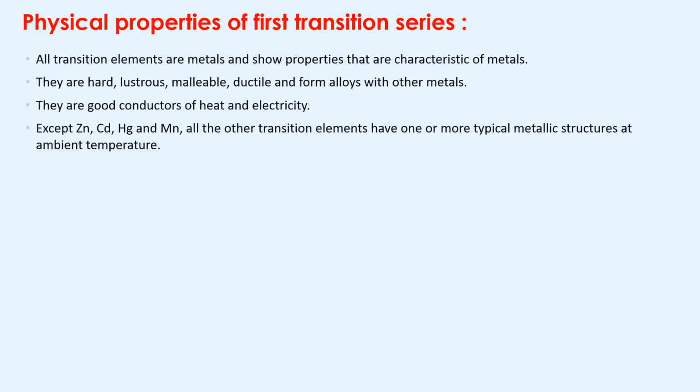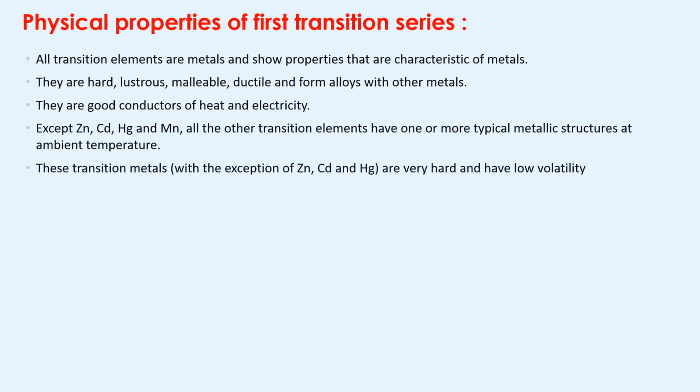Means except these four elements, the rest of the transition elements have one or more typical metallic structures. Zinc, cadmium and mercury are the exception; they are not very hard and have a low volatility. Then they possess high melting and boiling points.